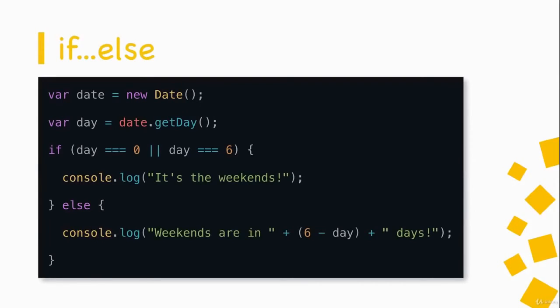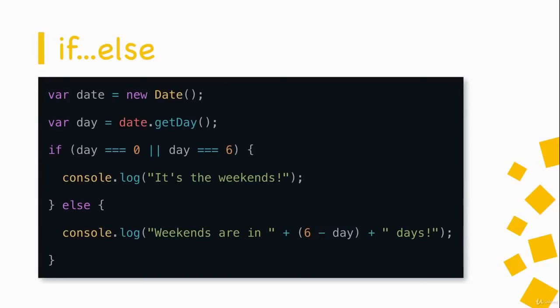Then in the conditional, day is strictly equal to 0 or day is strictly equal to 6. Neither will be true because day equals 2. So day is strictly equal to 0 will be false, and day is strictly equal to 6 will be false as well, which means the whole condition would return false, and the if block won't be executed. So the else block will, and inside the else block, we will say weekends are in 6 minus day.